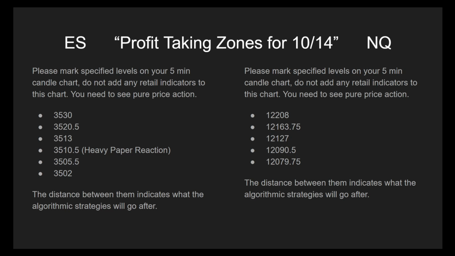Notice the distance between those specified targets. For example, SP 500, 35.10, 35.20. That's almost 10 points difference here. So this is what the algorithmic strategies will see, and this is what they're gonna go after.